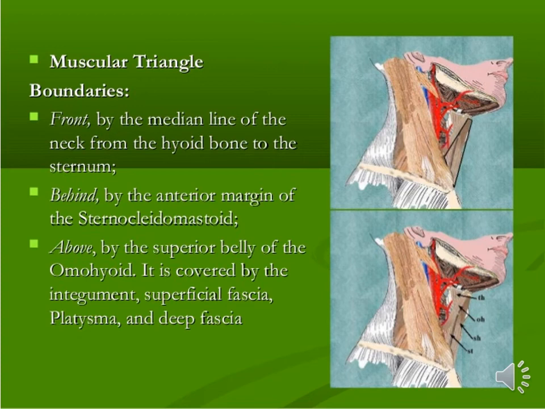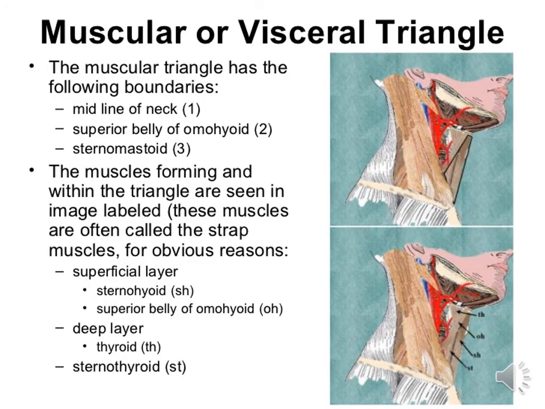It is covered by integument, superficial fascia, platysma, and deep fascia. The muscular or visceral triangle has the following boundaries: midline of neck, the superior belly of omohyoid, and the sternomastoid muscle.